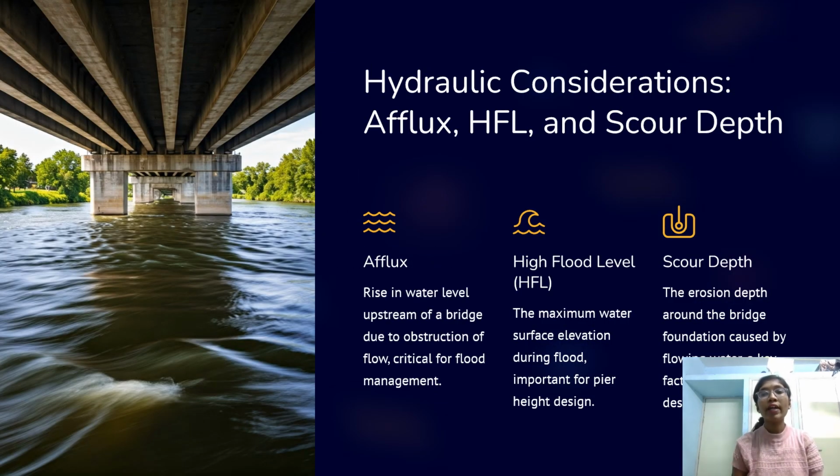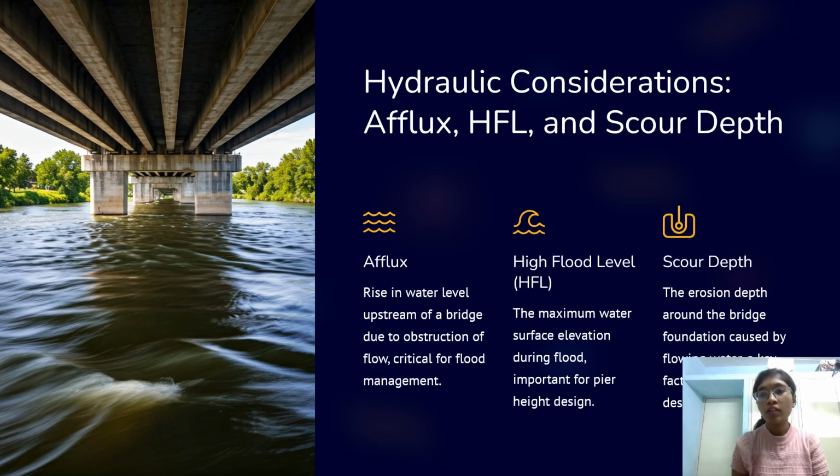Then the hydraulic considerations: afflux, HFL, and scour depth. Afflux is the rise in water level upstream of a bridge due to obstruction of flow, critical for flood management. High flood level is the maximum water surface elevation during a flood, important for pier height design.